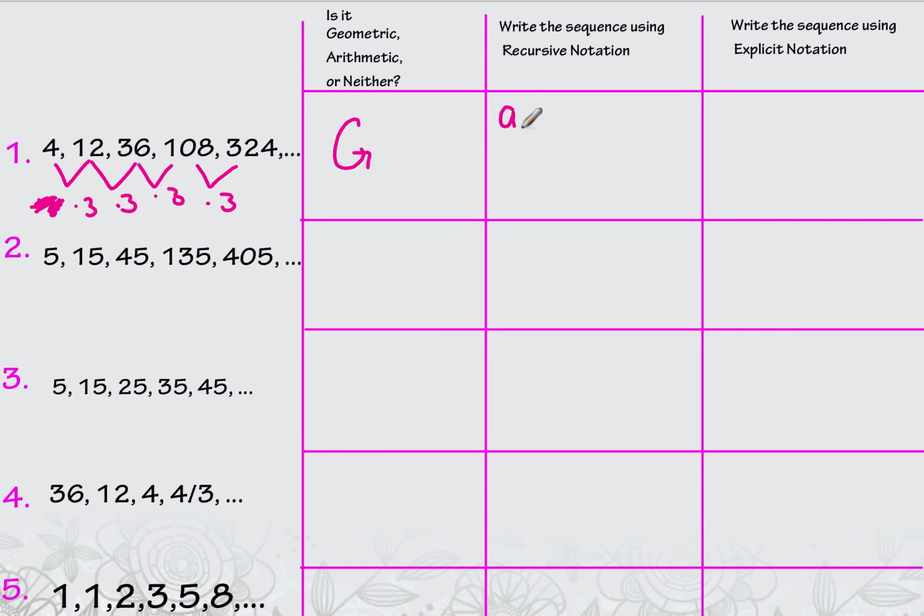To find the a sub n minus 1 term, I have to go to the term before it and multiply by 3. Or you could say to find the nth term, I go to the term before it and multiply by 3.